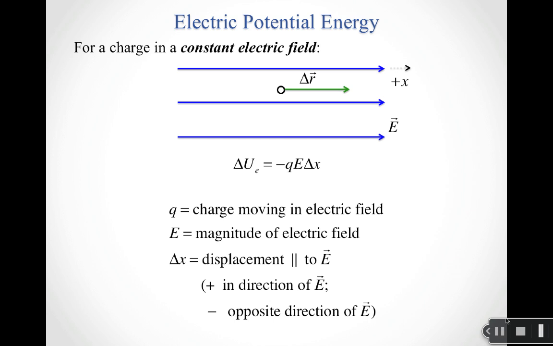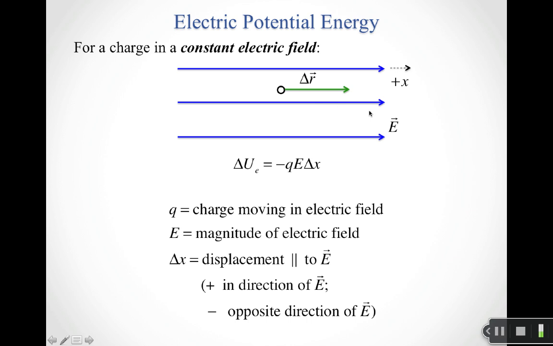All right. So this means we can summarize all this and say that for a charge in a constant electric field, I can calculate the change in the electrical potential energy using this expression. So Q is the charge, and notice this is not absolute values. So if it's a negative charge, I plug it in with a negative sign. E is the magnitude of the electric field, and delta X in this case is my displacement parallel to the electric field.